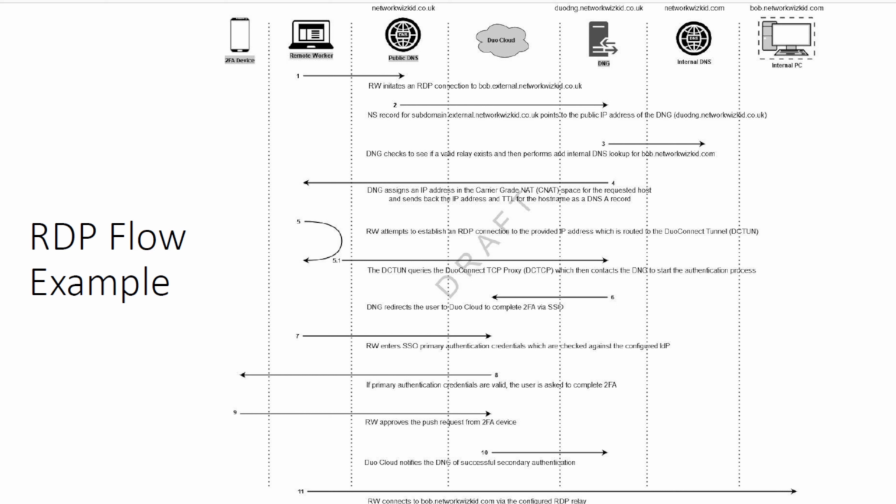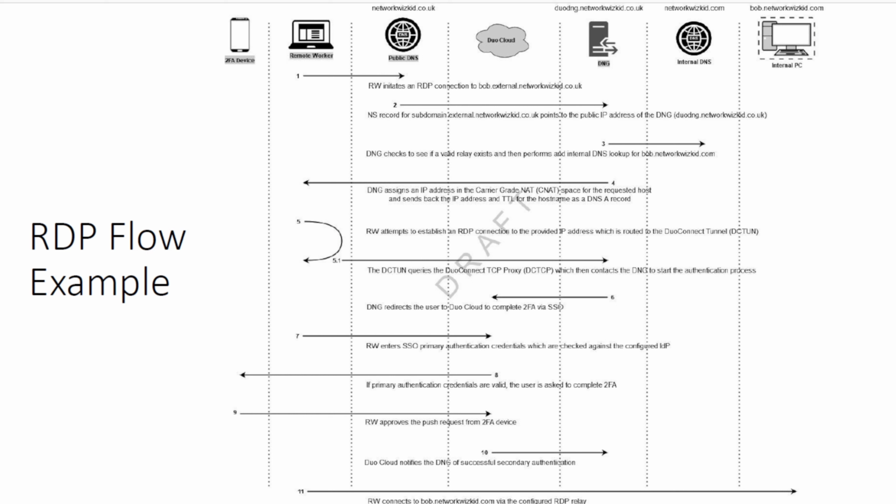So we've discussed the theory around it. We discussed DNS and how the DNG uses DNS, and gave a few examples there. And this is an infographic that I put together, which is an understanding of how an RDP flow actually works.